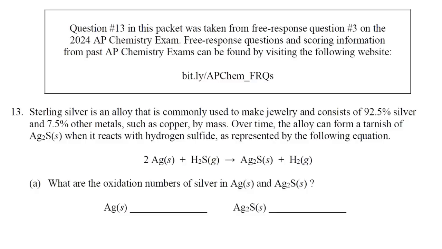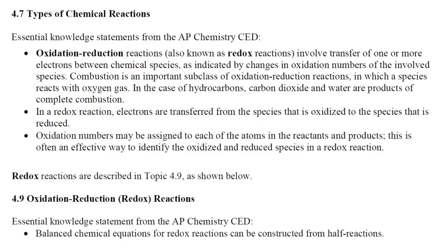And then part A of this question asks, what are the oxidation numbers of silver in solid silver and silver sulfide? Now, in order to answer part A of question 13, it requires knowledge of things you learned back in Unit 4.